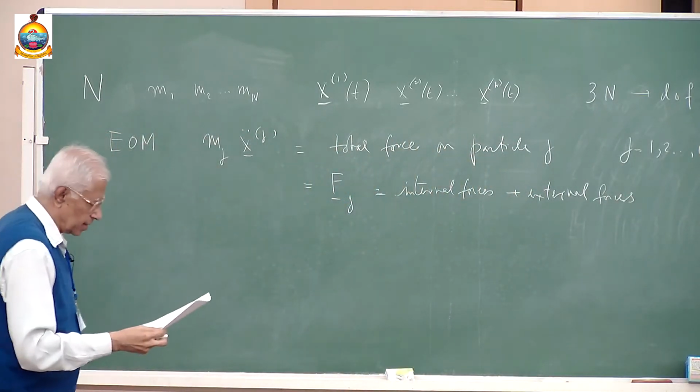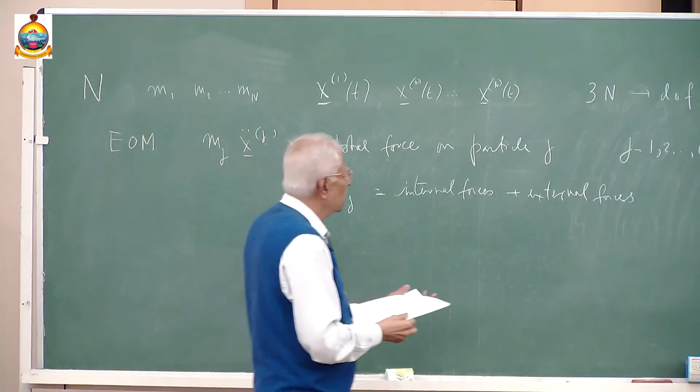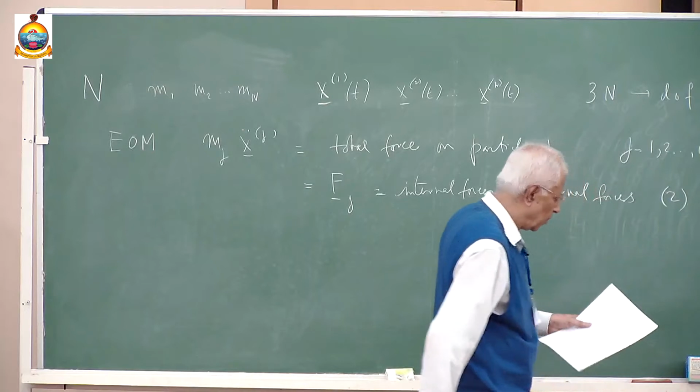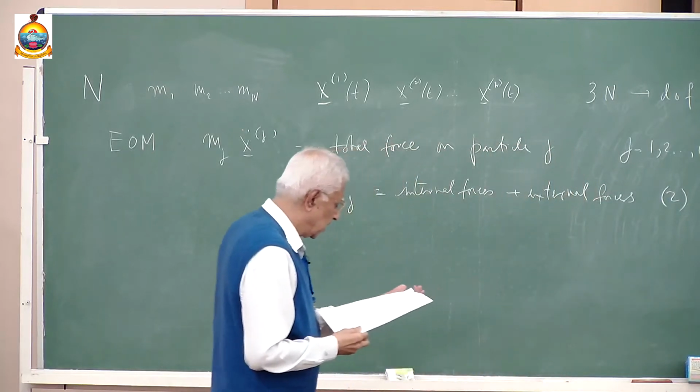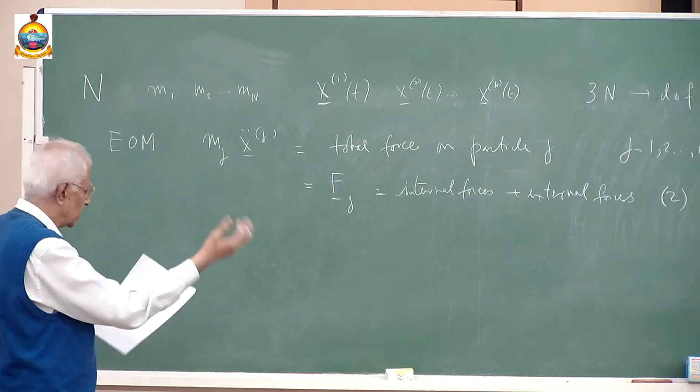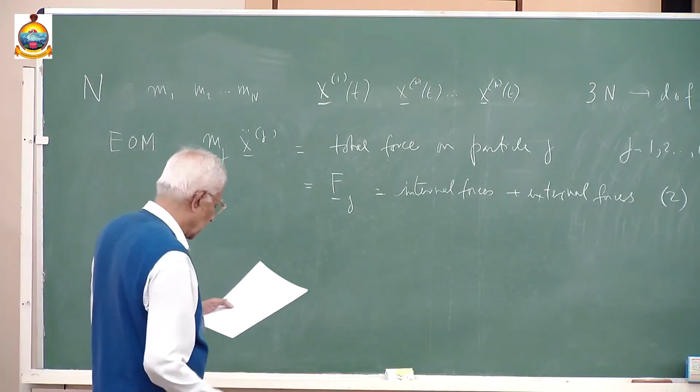So from a physical point of view there is a clear-cut distinction, separation of the total force on particle number j into an internal part coming from within the system, and an external part from outside.